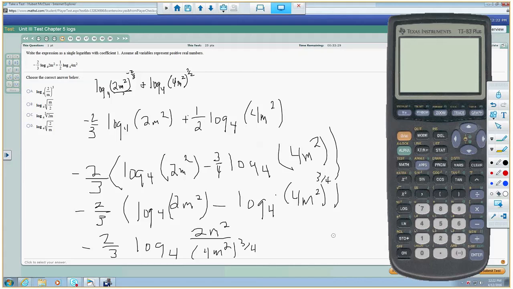And now that's raised to the what? To the negative 2/3. So bring that up to the negative 2/3. That takes that out. All right?